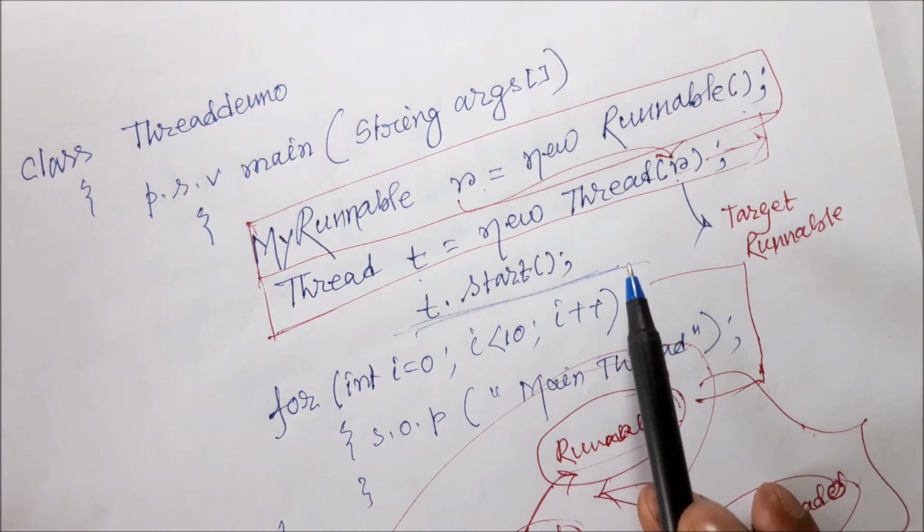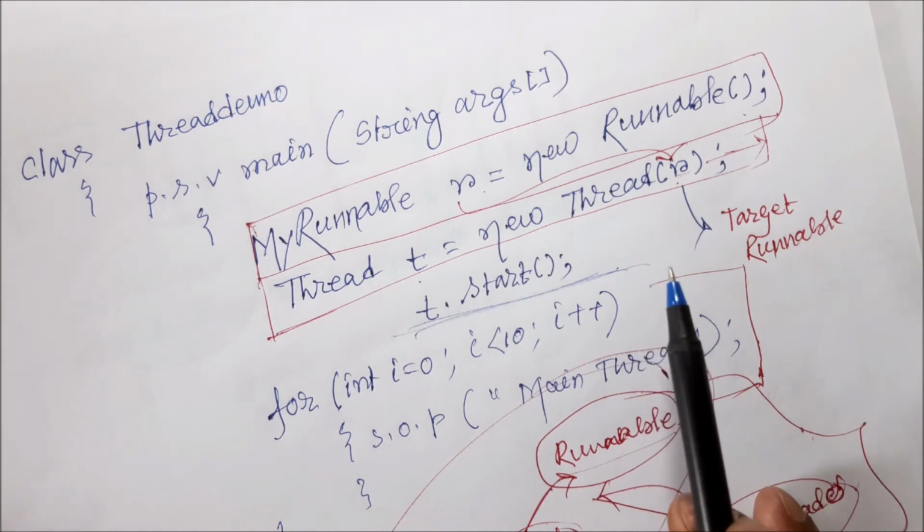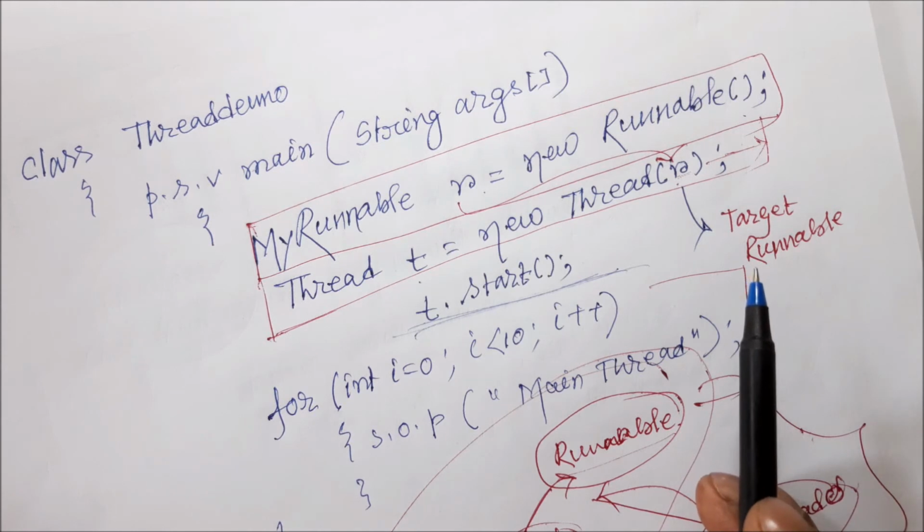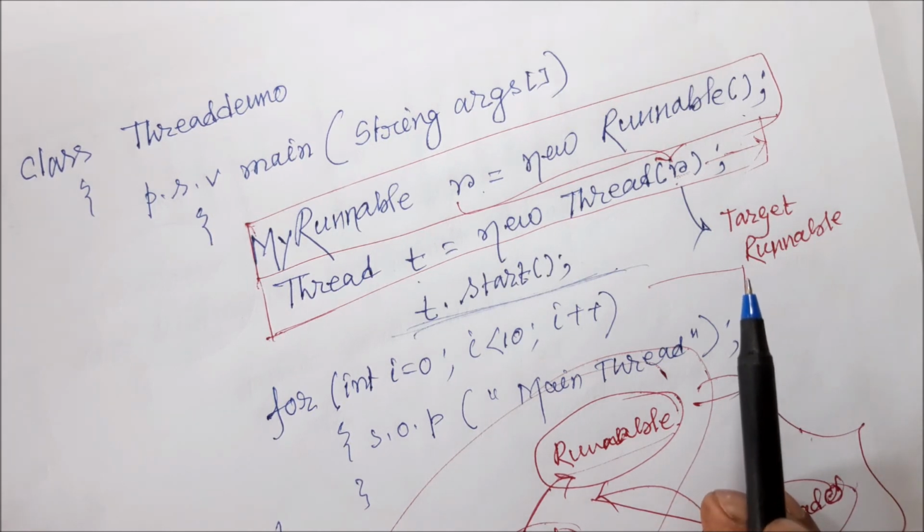But is it true that a new thread will be created? Of course, it is true, because every time we call the start method, a new thread will be created. If I do not call the start method, no new thread will be created.